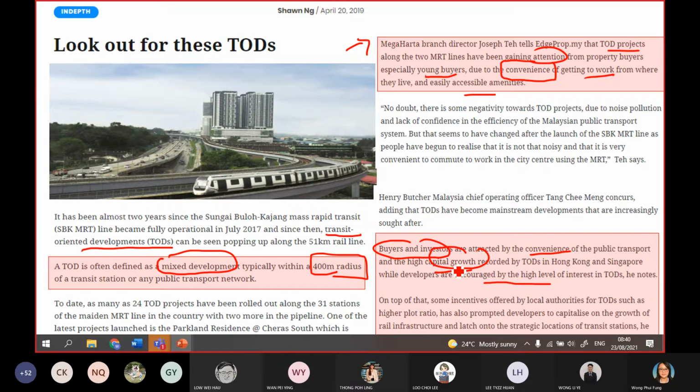You notice that near TOD areas, the properties are built very high because of the higher plot ratio approved by the government. Higher plot ratio is a good thing for the developer. The higher the plot ratio, the more units the developer can build, and they can sell more and earn more. So that is a benefit if they practice TOD.